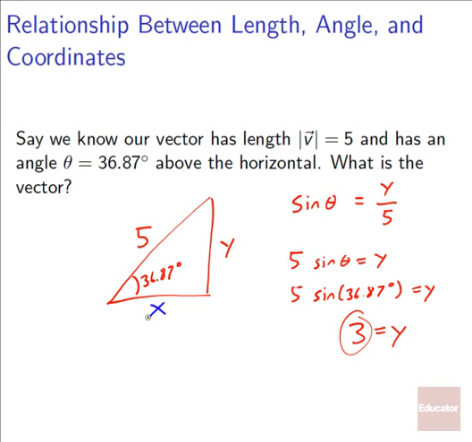So anytime we want to know the adjacent side, it's just going to be hypotenuse times cosine of angle. Or if we want to know the opposite side, it's going to be hypotenuse times sine of angle. Simple as that. So x is going to be 5 times cosine 36.87 degrees. Toss that into a calculator, and we get 4. So the vector v would be its two components put together, 4, 3.